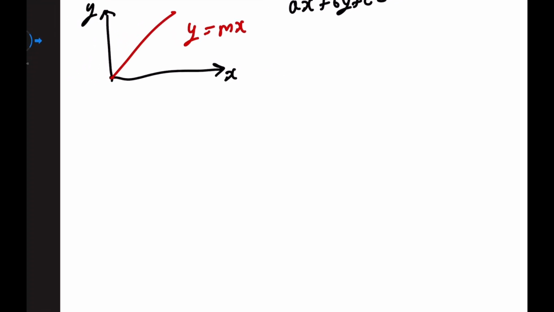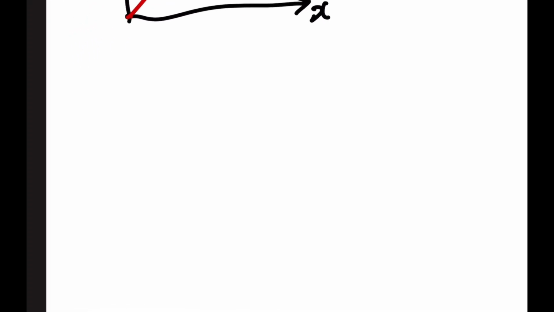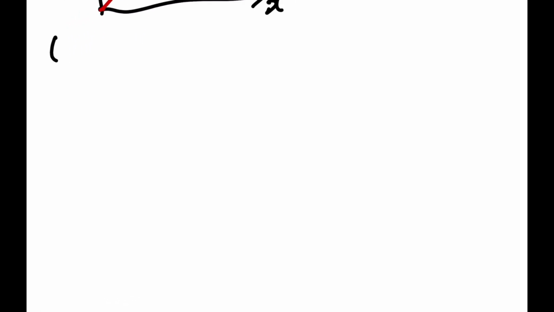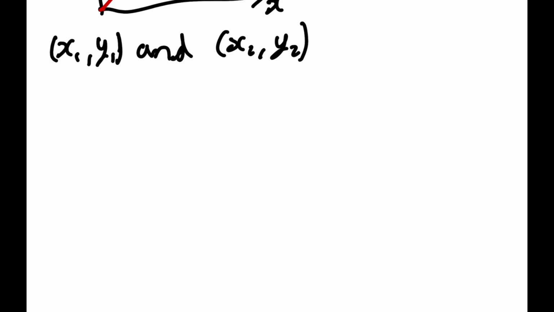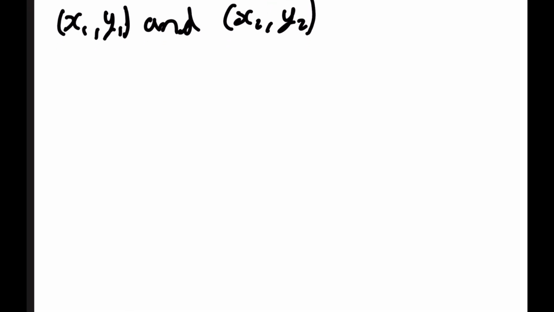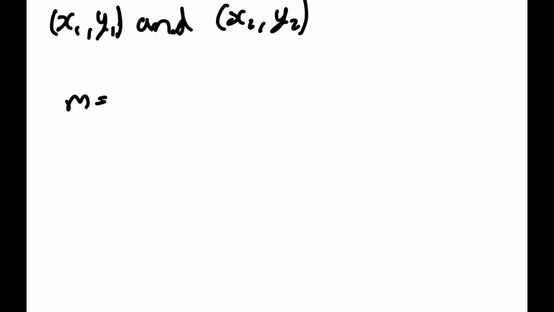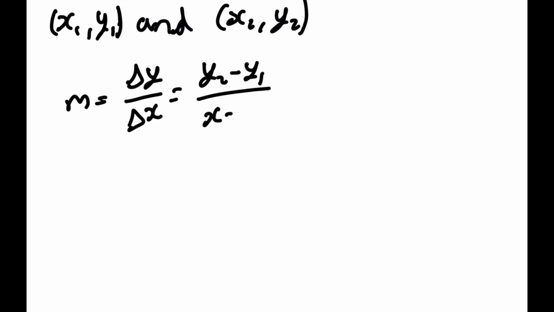So to find the equation of a line using two coordinates, say we have two coordinates, (x1, y1) and (x2, y2), then the gradient will be, again, change in y over change in x, which is equal to y2 minus y1 over x2 minus x1.